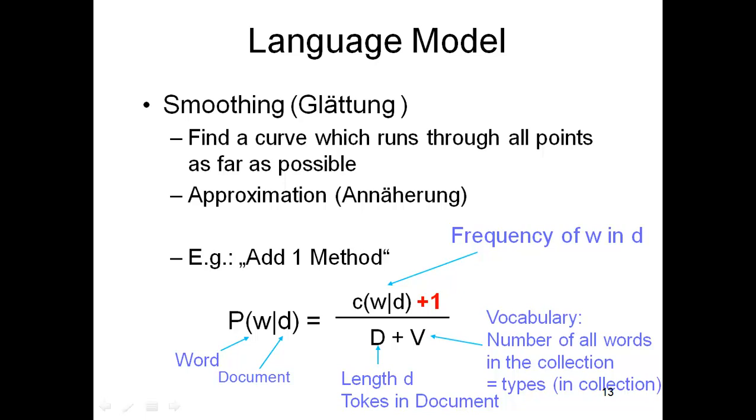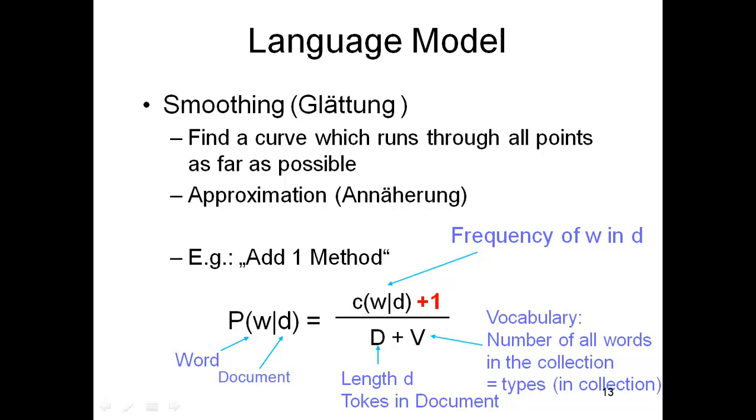Now I say it appears 5 times within 100 words, so the probability that any word is the word wolf is 5 divided by 100. Also very straightforward. So that would be the wolf count in the document divided by the document size: the word count of word w divided by the length of the document.